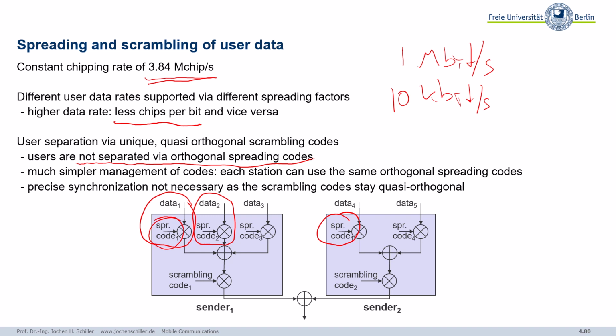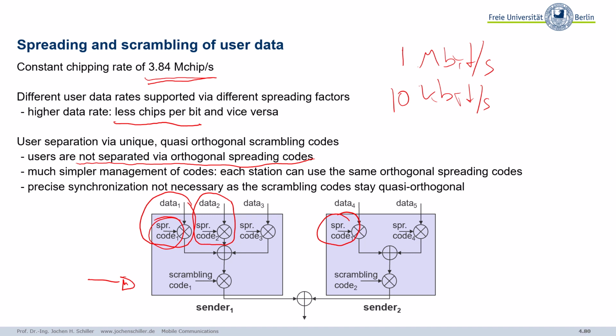How to separate different stations? Well, this is what UMTS uses the scrambling codes for. The scrambling codes, they are more or less orthogonal. And these codes are used for performing the code multiplexing, the separation of the different senders. So senders and receivers know the scrambling codes, and scrambling codes do not further spread the bit stream.